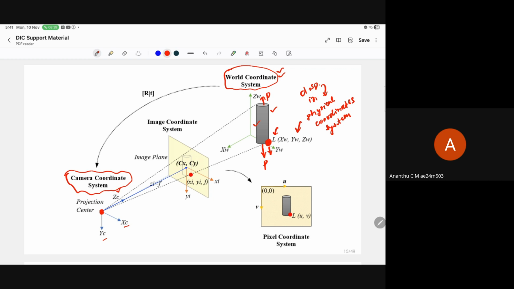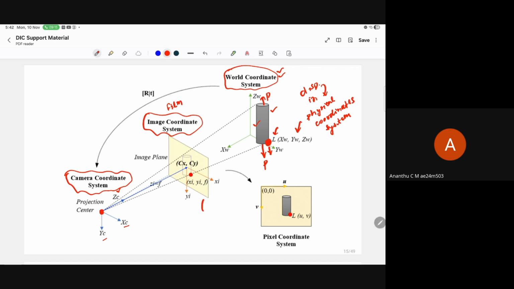So the camera is going to give you the image, right? Within the camera, when it is focusing on the object and taking the image, there is a film within the camera. So this is the image coordinate system, which is basically also the film. Whatever light is reflected by the object, that light is getting collected on that film.